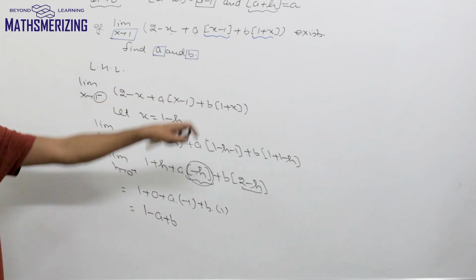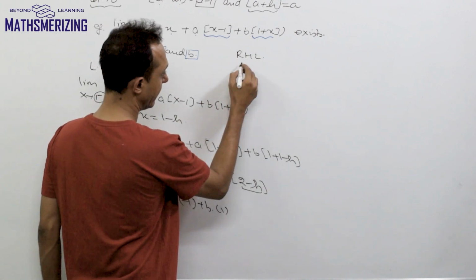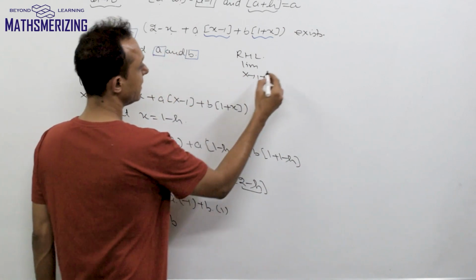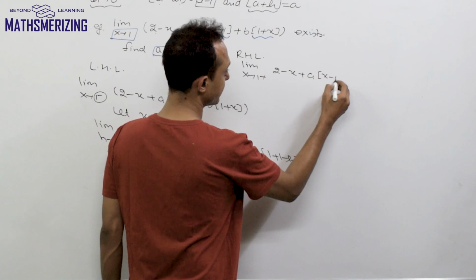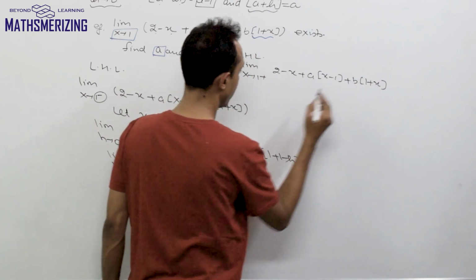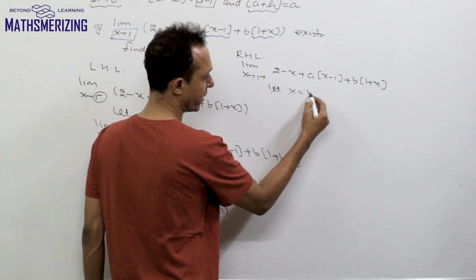Now I'll take the right hand limit. For the right hand limit, I'll write limit x tends to 1 positive of 2 minus x plus a into the greatest integer function of x minus 1 plus b into the greatest integer function of 1 plus x. Now I'll again do the substitution. I'll let x be 1 plus h.